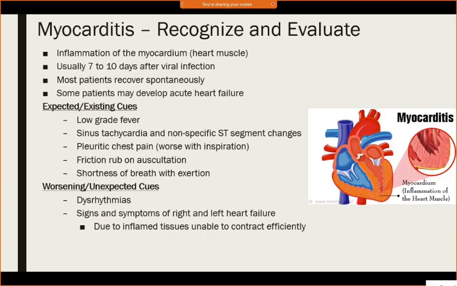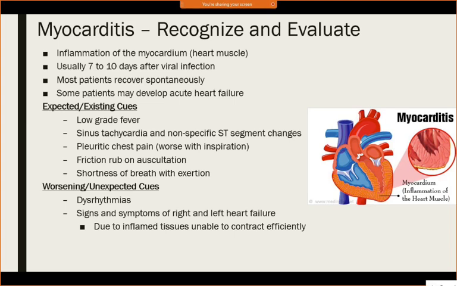Good question, though. All right, so myocarditis is an infection of the actual heart muscle, and this is usually a viral infection. Endocarditis is usually bacterial. Myocarditis is usually viral. It sometimes happens 7 to 10 days after, like the virus actually gets in there, and they think that COVID has an element of myocarditis to it because COVID is a virus, and they're finding that a lot of patients post-COVID are having some myocarditis.